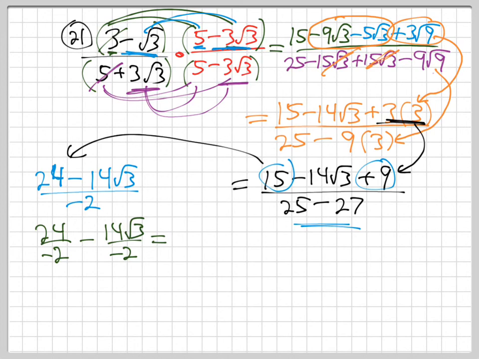And then what is this going to be? Negative 12 plus. Do you see how it's going to be minus a minus? It's going to be plus. Oh, I keep writing that. Yeah, these two minuses are going to make plus. And 2 goes into 14 7 times. 7 root 3. There it is. After all that. That's a hard one.